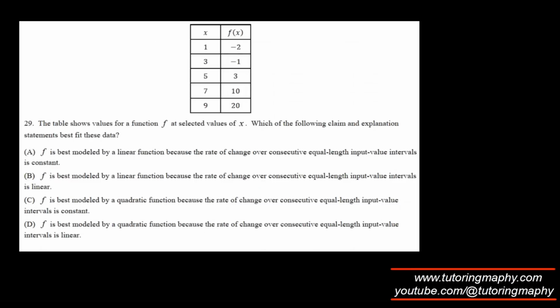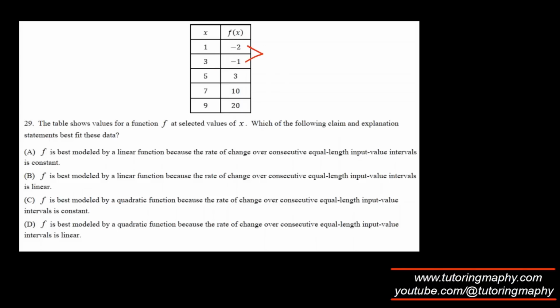All right. The table shows values for a function f at selected values of x. Which of the following claim and explanation statements best fit these data? Okay, so this is about the ROC, right? So we first make sure that x values are increasing by the same value, which it is. And then we find the rate of change.